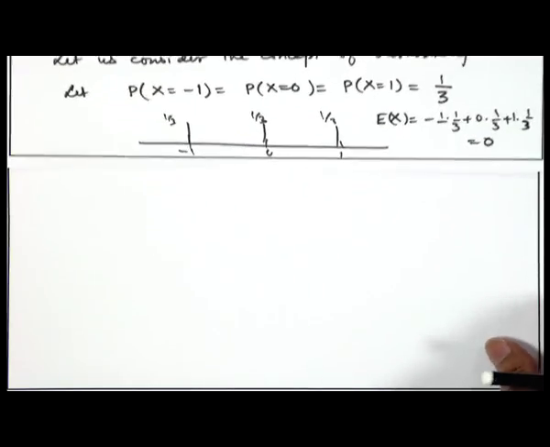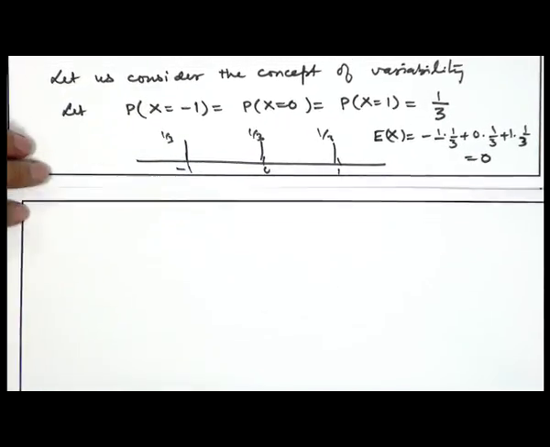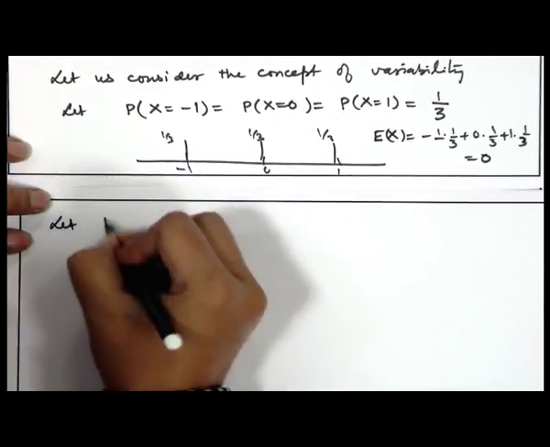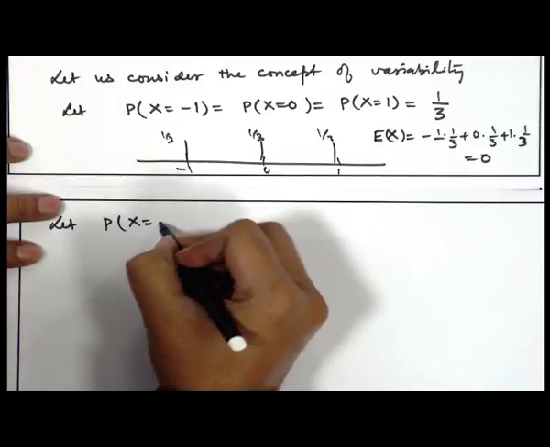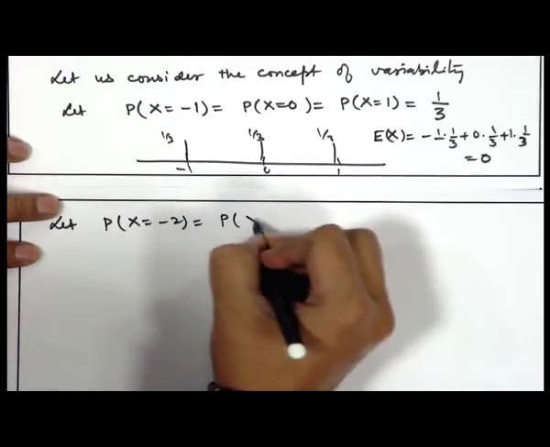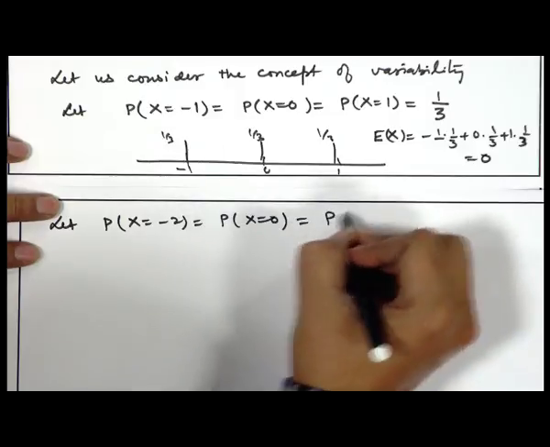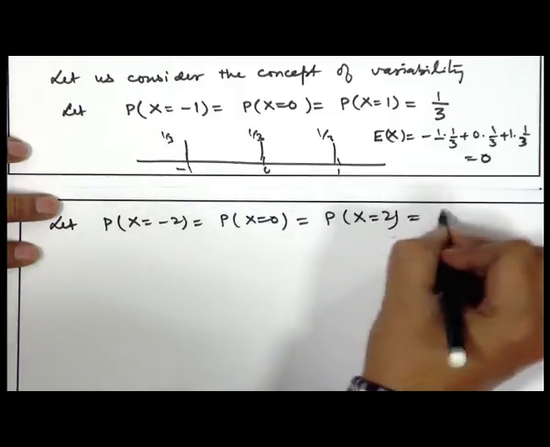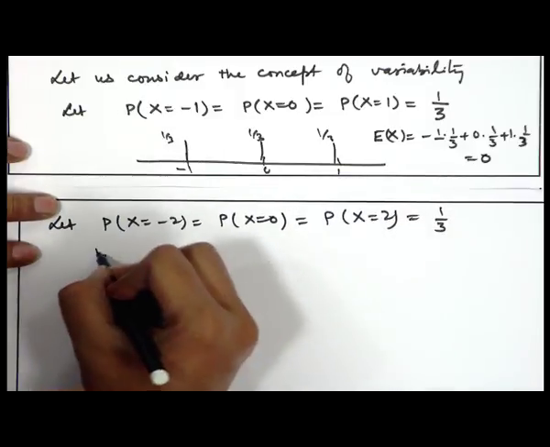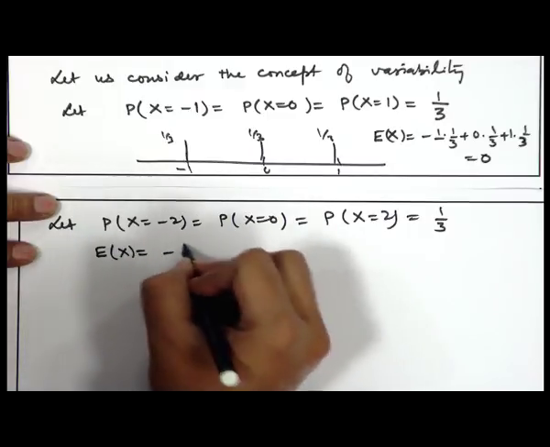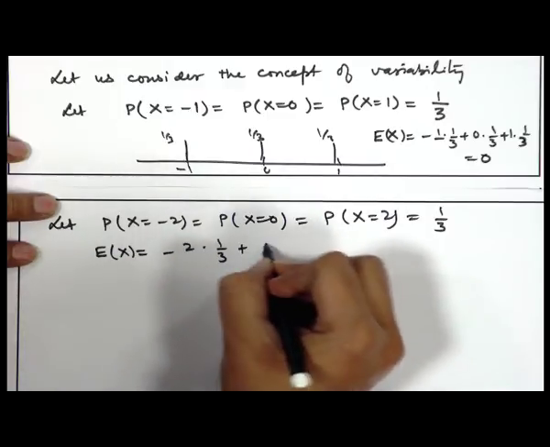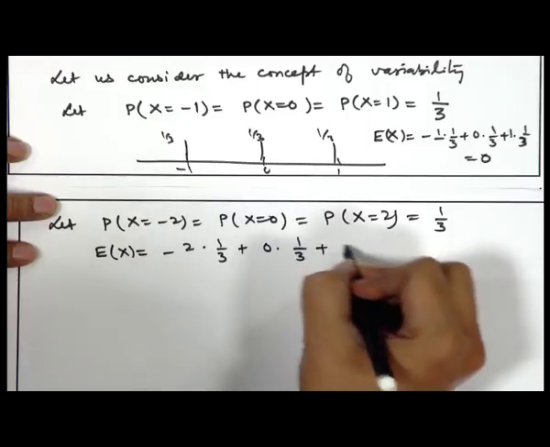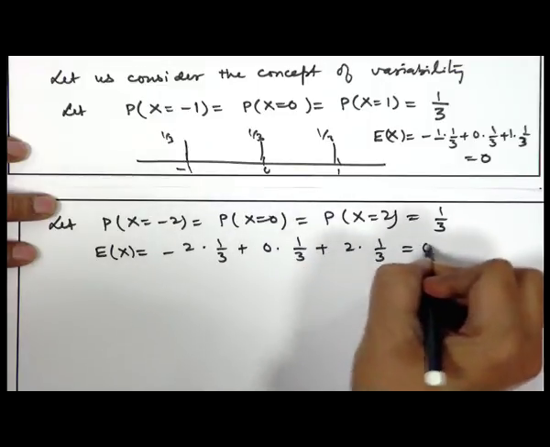Let us take another example. Probability x is equal to -2 is equal to probability x equal to 0 is equal to probability x equal to 2 is equal to 1 by 3. Again you can see expectation of x is equal to -2 into 1 by 3 plus 0 into 1 by 3 plus 2 into 1 by 3, which is again 0.